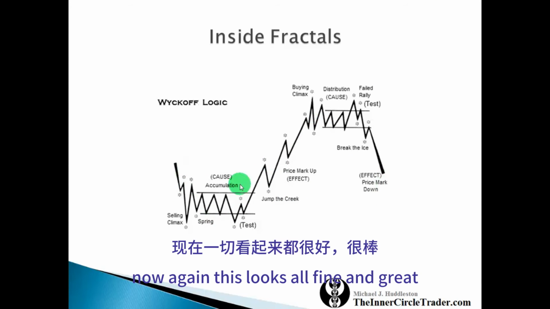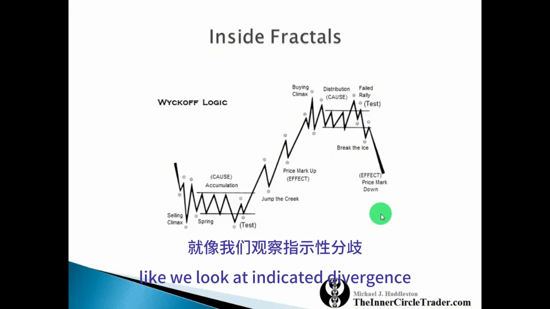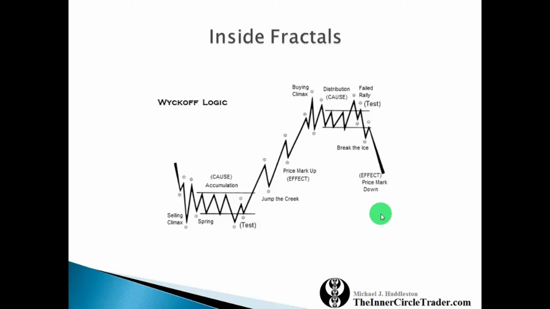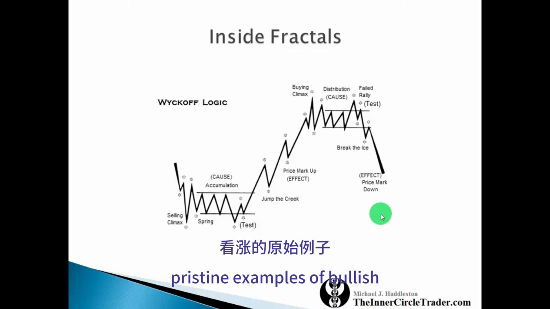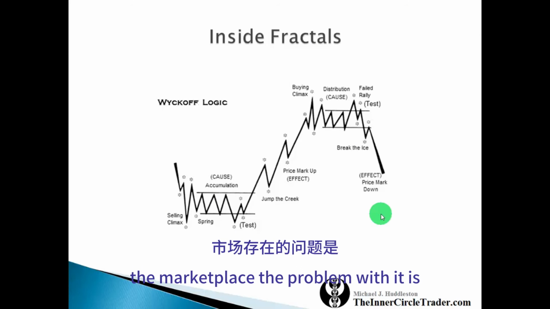Now, again, this looks all fine and great. And again, with the same approach to using it like we look at indicator divergence, we all can go back in the left side of our chart and find perfect, pristine examples of bullish and bearish divergence. And that would be working perfectly, nailing the very high and low of the marketplace.